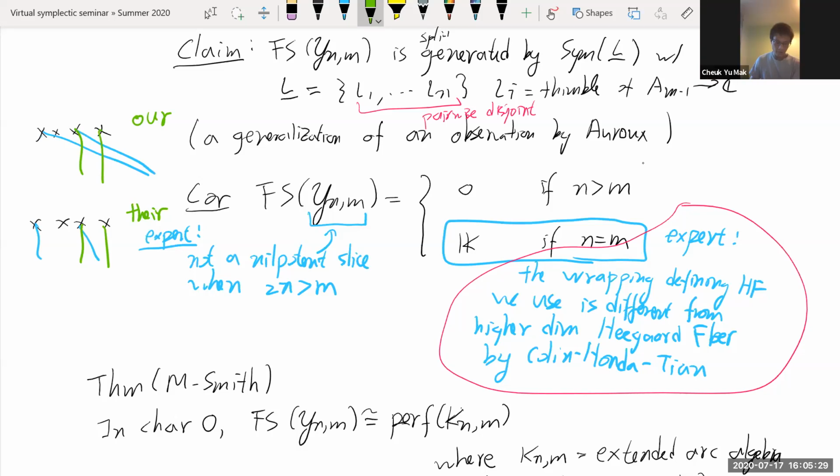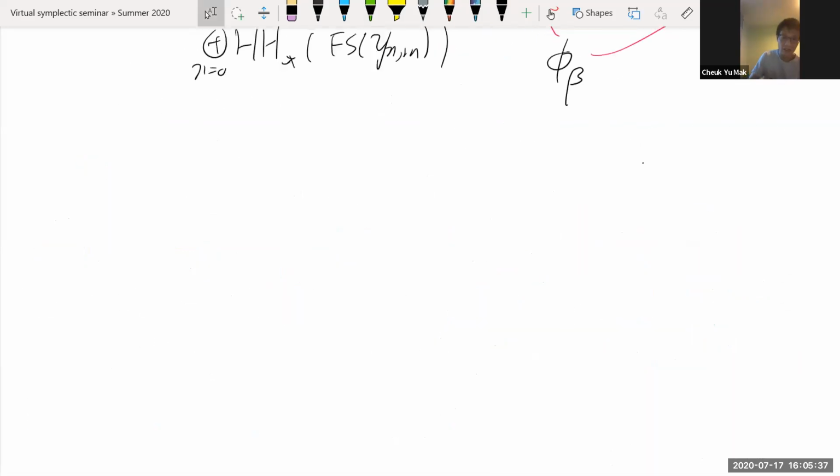Right. For your first question, yes. You can consider the D_n Milnor fiber, but instead you will have another braid group action, the type D braid group.